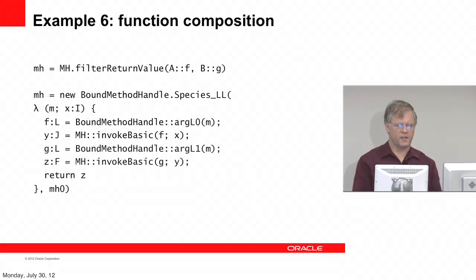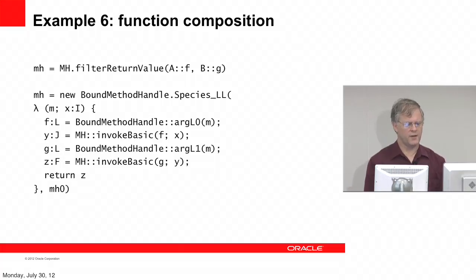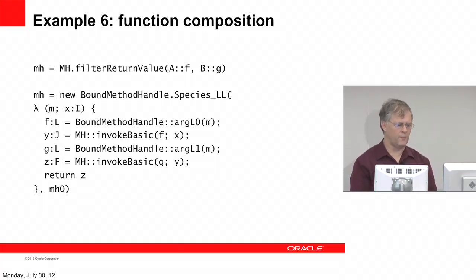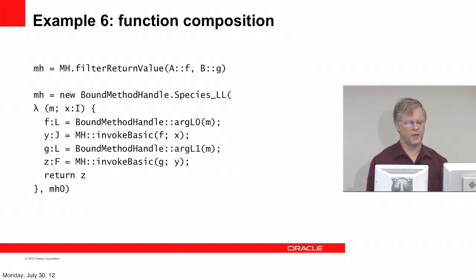And finally, to revisit the functional composition, here is the G of F composer. The same example as before, but the way it's rendered with Lambda forms and bound method handles. Here's a bound method handle species with two references embedded, and it will pick up first one and then the other. The first one is F and the second one is G, and I have a bug in my slide. The last line is wrong.